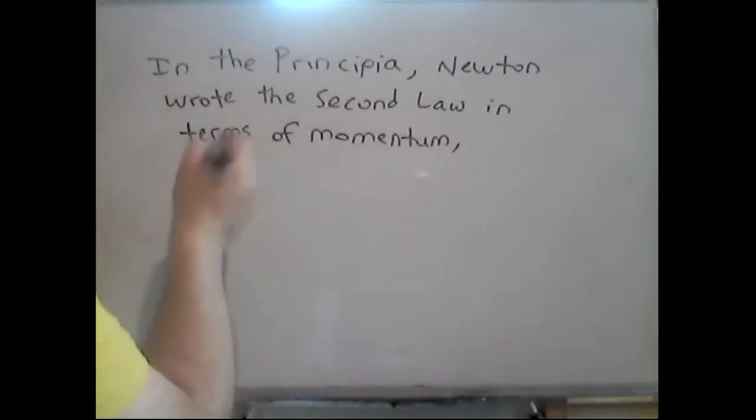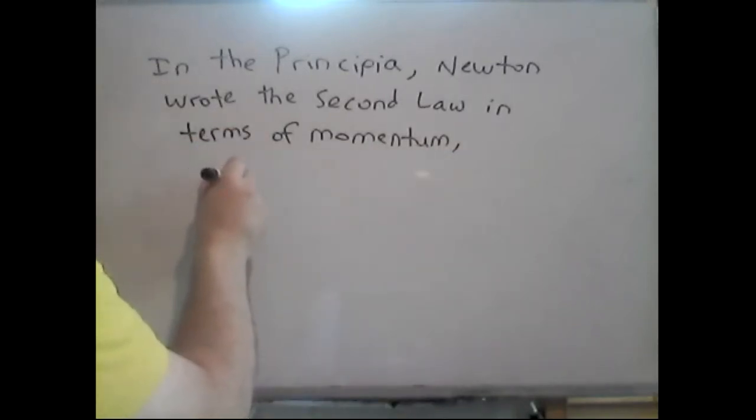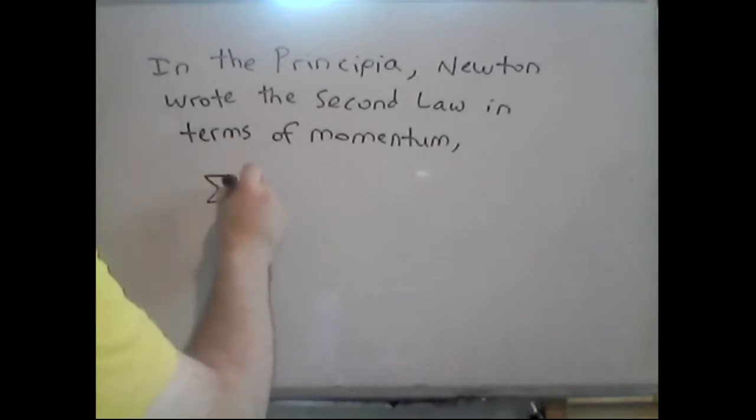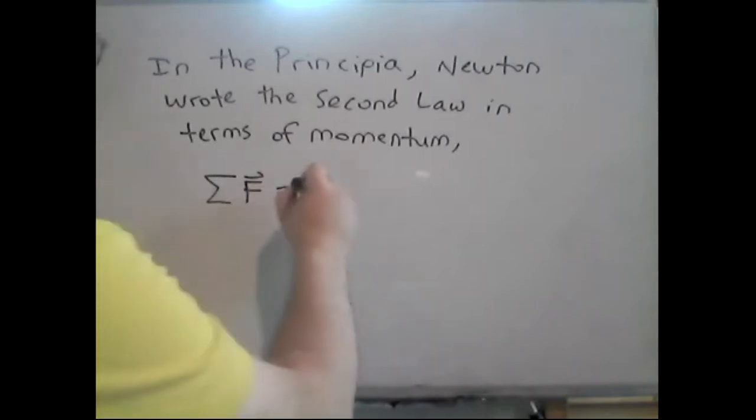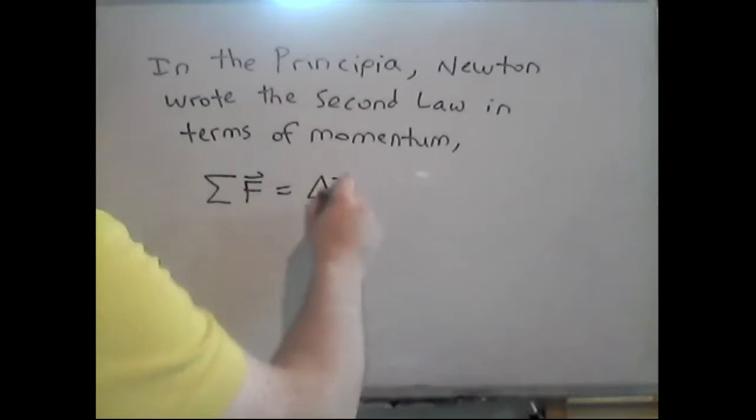And what is that? Well, the left side looks the same: the sum of all forces, summing all forces on an object or a system, if you will. And instead of mass times acceleration, like we're used to, Newton wrote that it's the time rate of change of the momentum.